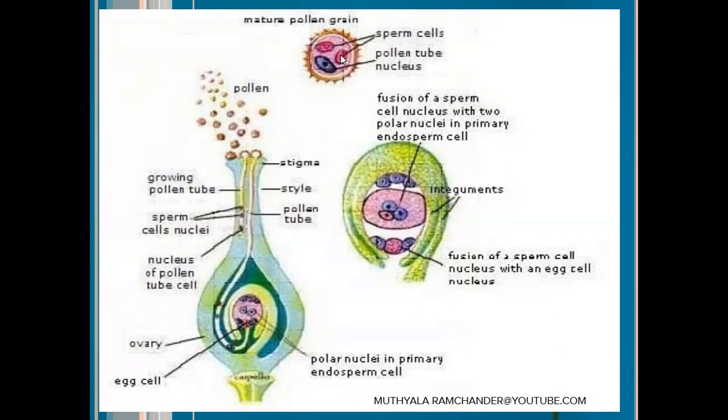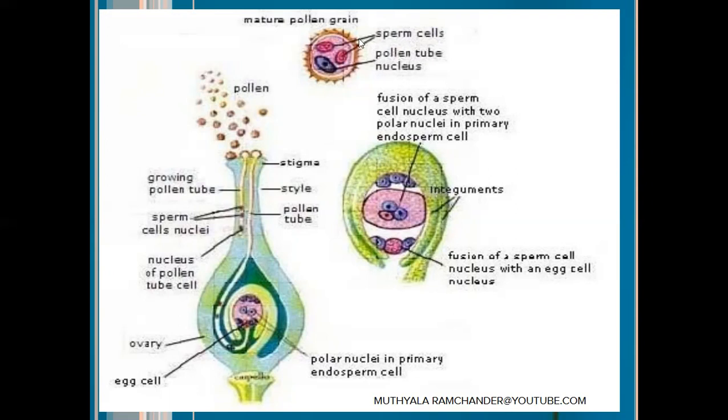The 2 cells are the generative cell and the pollen tube cell. 3 cells are also present in the matured pollen grain sometimes. The 3 cells are 2 male gametes, also called sperm cells, and 1 tube cell with the pollen tube nucleus.